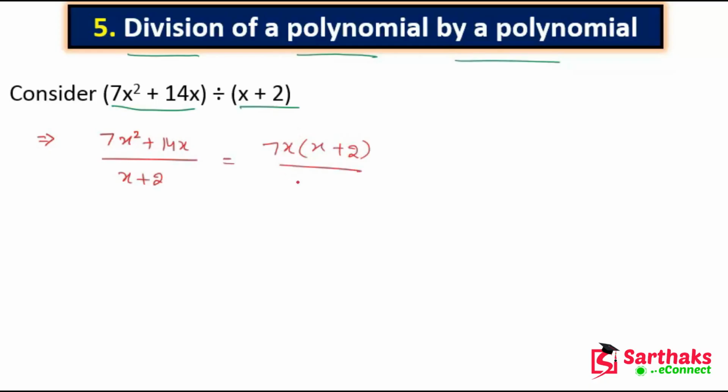Here we can cancel this x plus 2 and this x plus 2 because these two terms are the same. So we get 7x. This is the answer of this part. I hope you understand how to solve division of a polynomial by a polynomial.